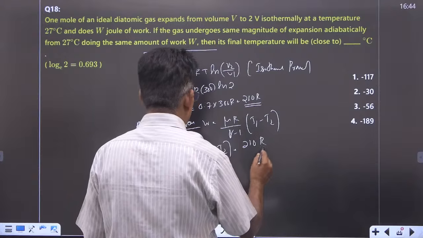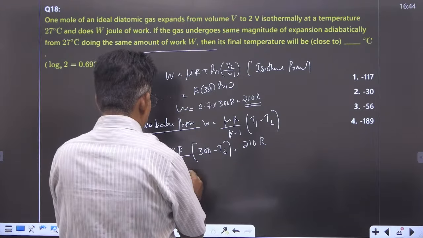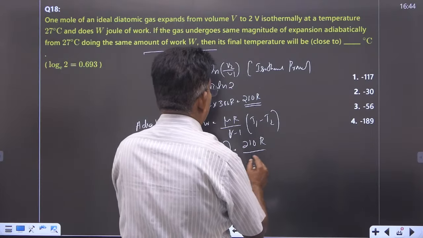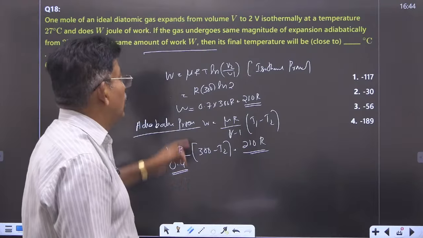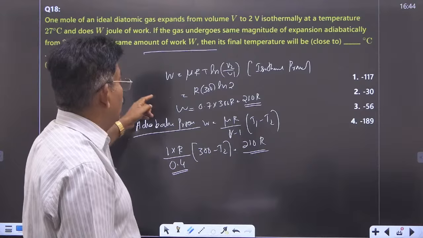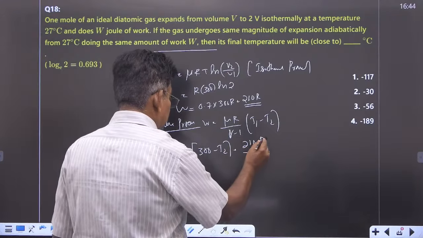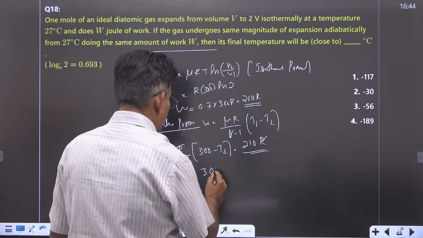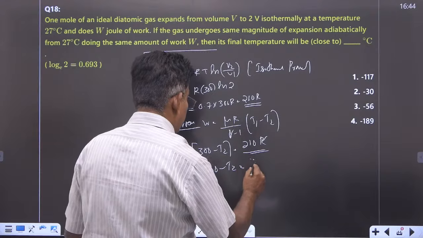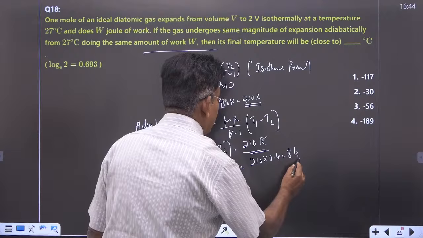Correct? So this is the work done in the adiabatic process, mu R by gamma minus 1, that is 0.4, into T1 is 300 minus T2, which you have to calculate. The work done in the isothermal process, mu RT log of V2 by V1, is coming to near about, putting log 2 as 0.7, into 300 R. Now, R and R get cancelled. 300 minus T2 is coming to be 210 into 0.4. That comes to be 84.